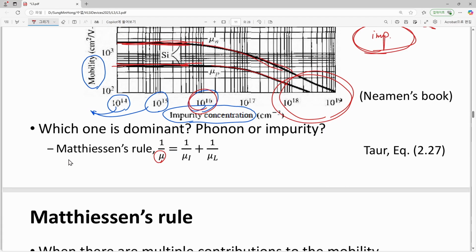Okay, then how can we make the overall mobility out of individual contributions? It follows Matthiessen's rule, so the inverse of each contribution. Here mu I is impurity limited mobility, and here mu L is related to phonon limited mobility. I guess that this L corresponds to the lattice, and please remember that phonon is the thermal motion of our lattice.